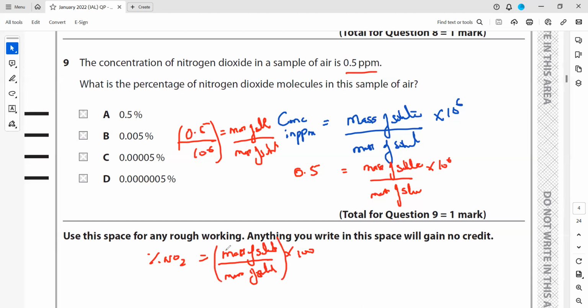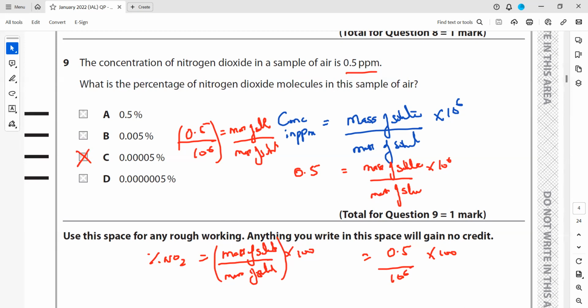So we take this whole factor, 0.5 divided by 10 power 6, and multiply by 100. So 0.5 multiplied by 100 divided by 10 power 6. That will give us the concentration in percentage. So when we solve, this will match with option C.